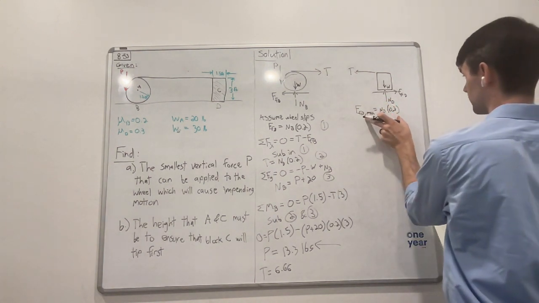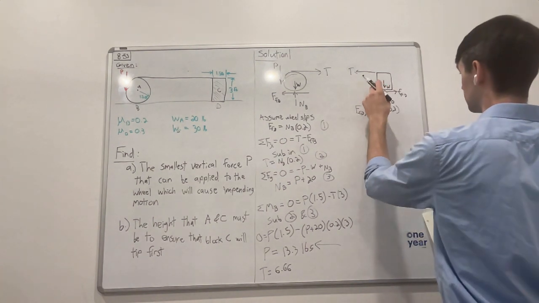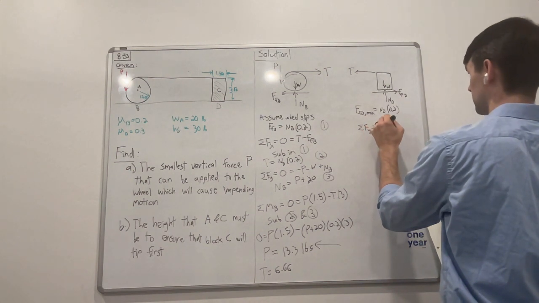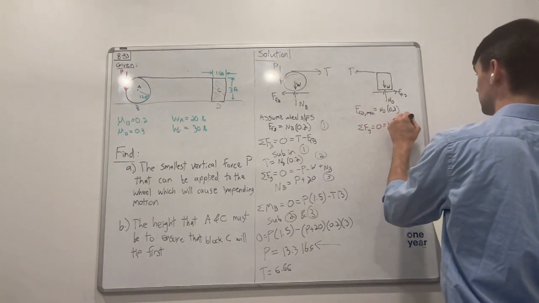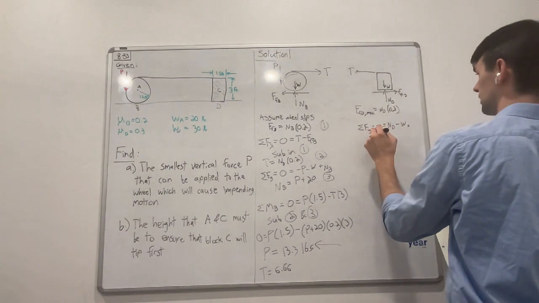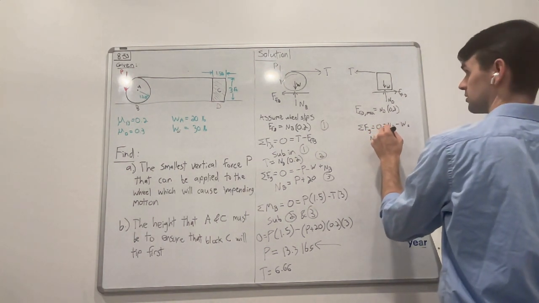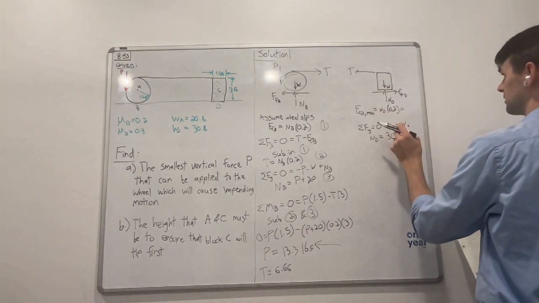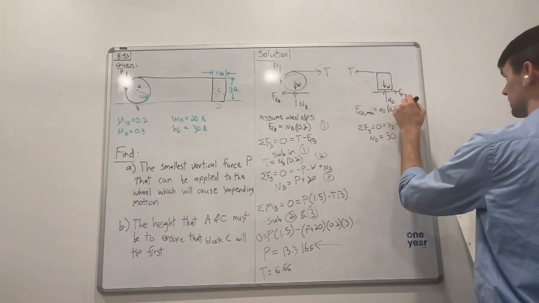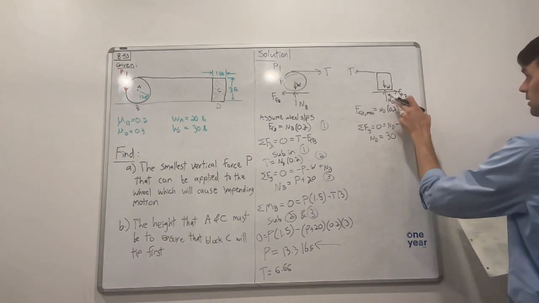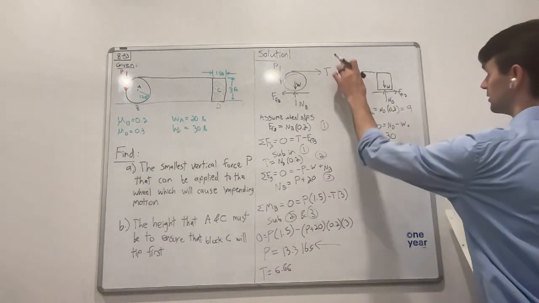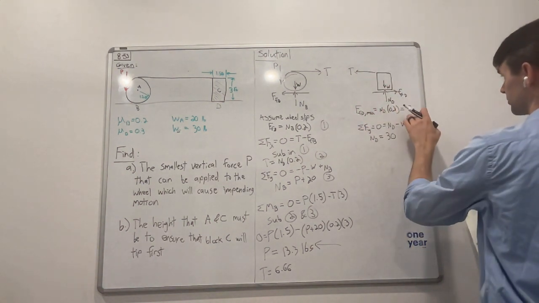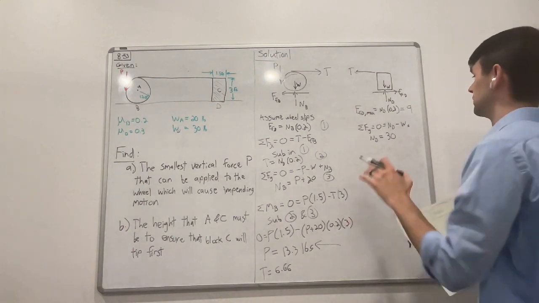That's the maximum it can be, so whatever this value ends up being, I can't exceed it. Now, if I do my sum of forces in Y, I get ND minus WC, so I know ND is just going to equal 30. If I plug that in here, then it's clear that the maximum force is 9. So if, when I plug in T up here for this free body diagram, the resulting friction force is greater than 9, then I'm in trouble.